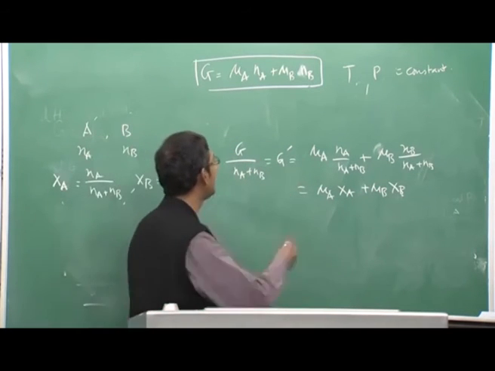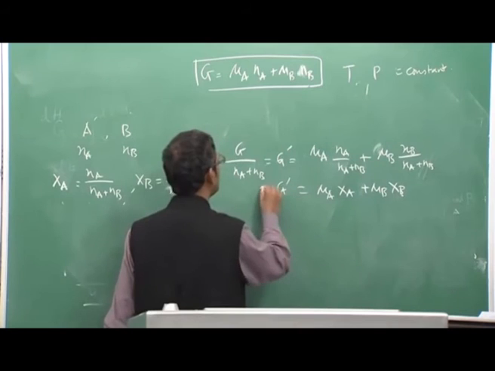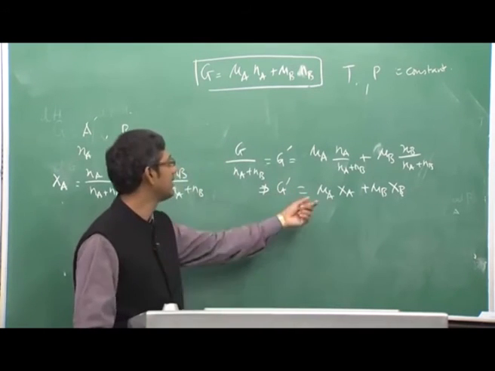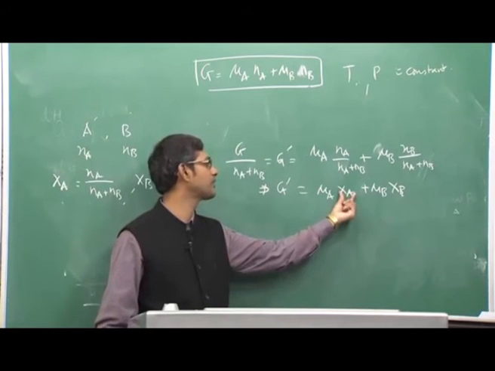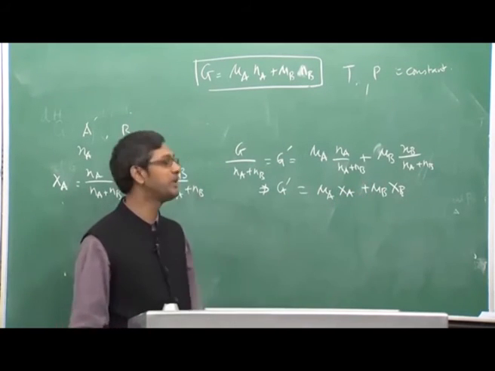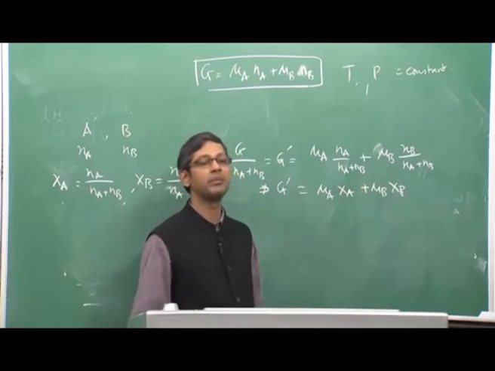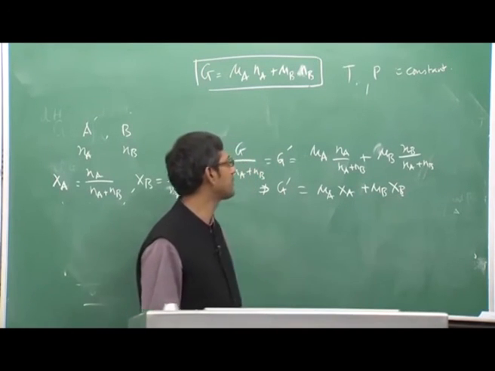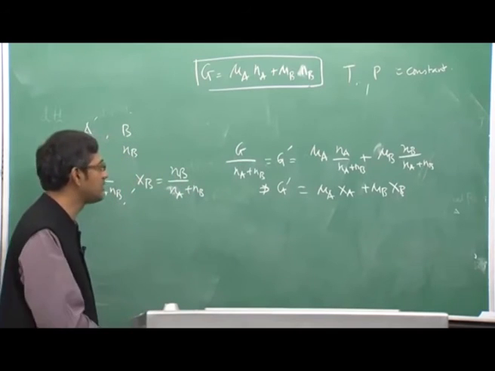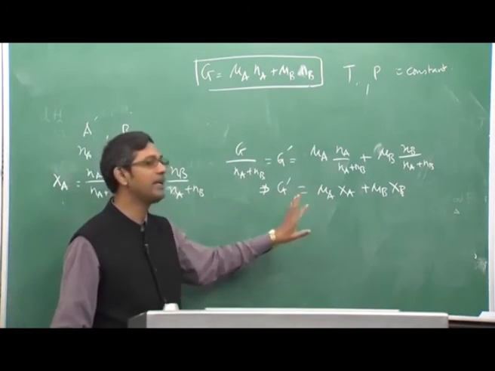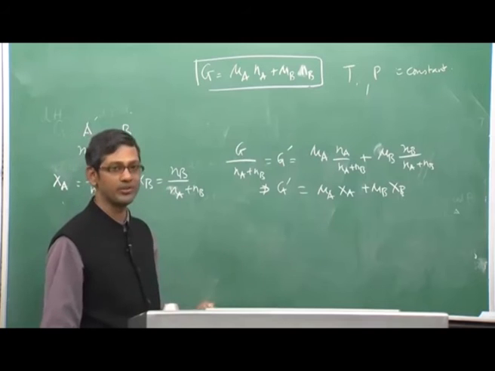So therefore the free energy per mole can be given as the chemical potential of A multiplied by the mole fraction of A, plus the chemical potential of B multiplied by the mole fraction of B. So this is the generalized expression of free energy of any system containing 2 components.